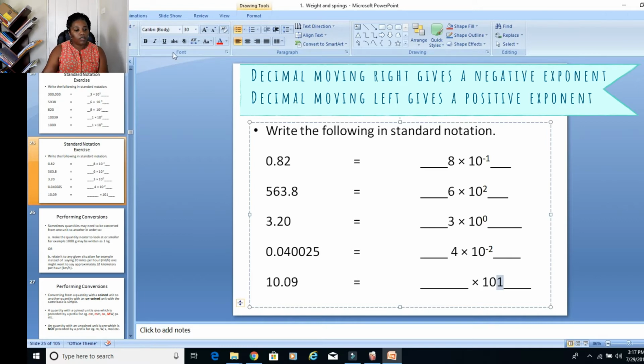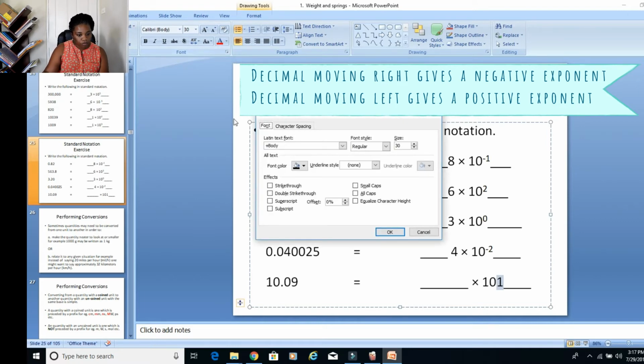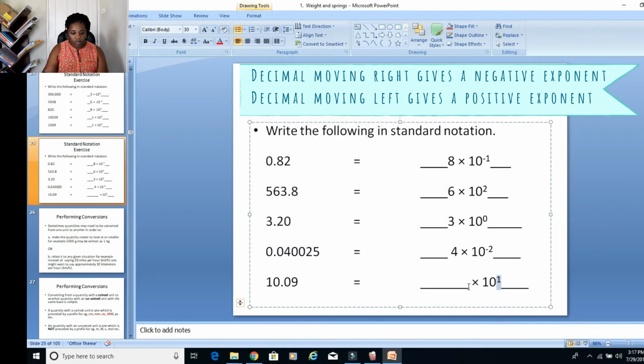I'm going to raise that power. That's great. And since it's moving here, is the 0 going to affect it? No, it's not going to affect it. So pretty much we are good. We're left with a whole number of 1.